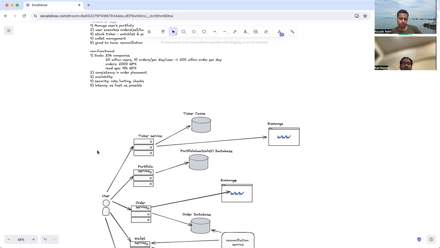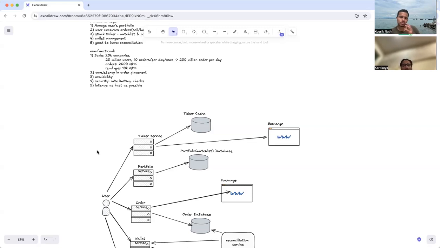As soon as the exchange has this data, it sends that data to the ticker service, and as soon as the ticker service has this data, it sends it to the user.